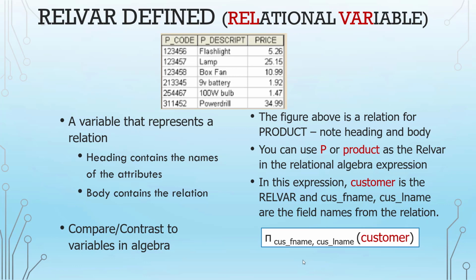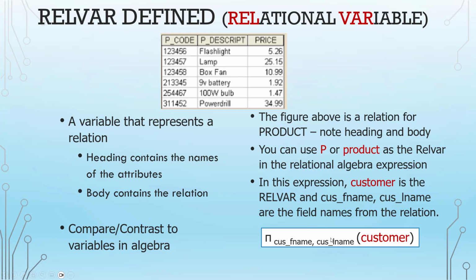And a rel-var will have a heading, and those heading field names can be used when we create these expressions. And it has the body, which is the data. So this is an example of an actual relation. But when I'm doing the algebra, I'll just maybe use the term P. In regular algebra, X might mean 14. In relational algebra, P means this relation. So it's just a substitute while we're writing our expression.